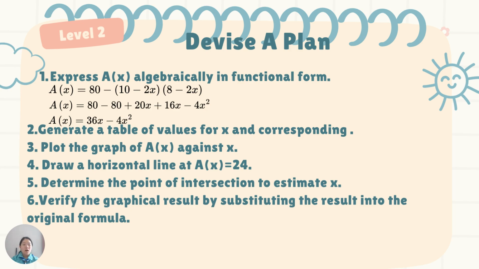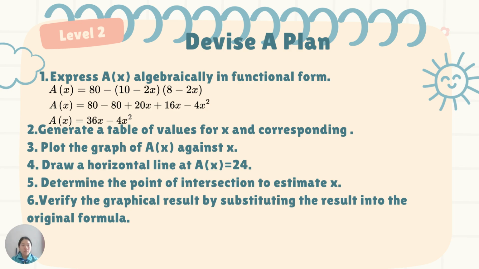The answer will be 80 minus 80 plus 20x plus 16x minus 4x squared. Then we simplify and expand it, and it will become A(x) equals 36x minus 4x squared.